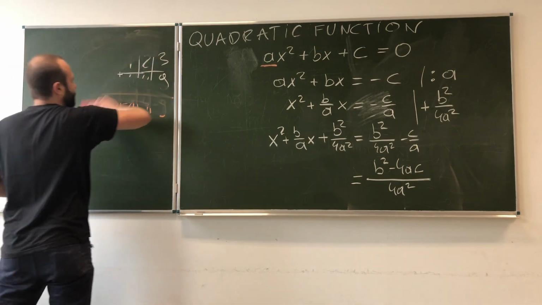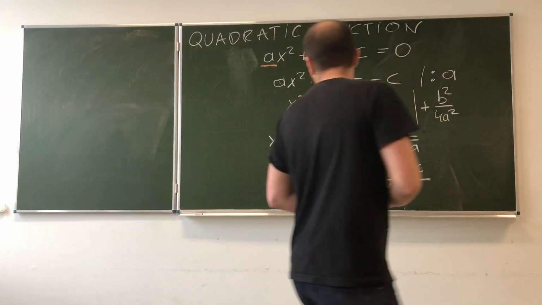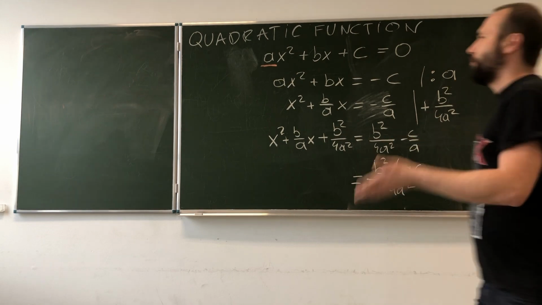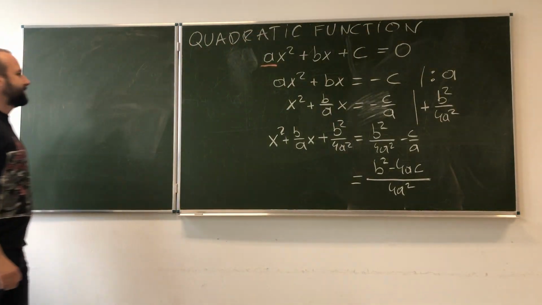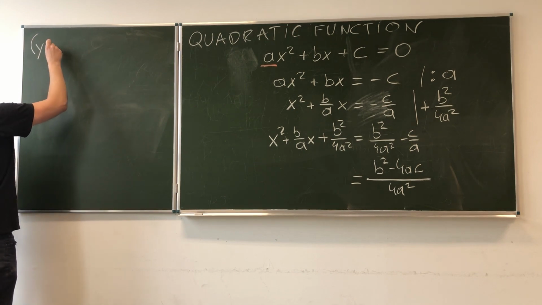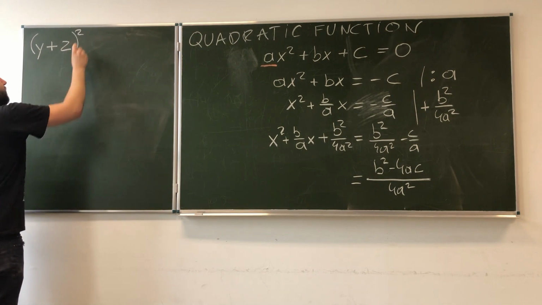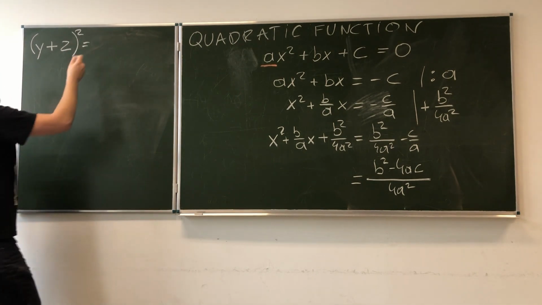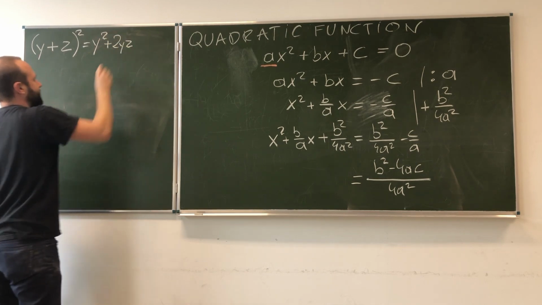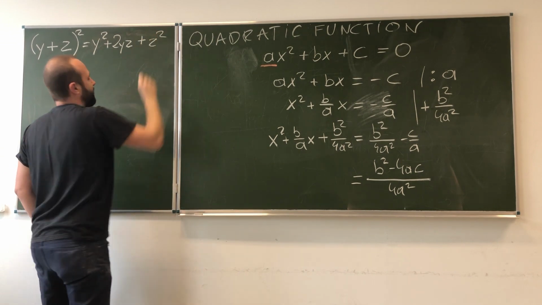Okay, so now that we have this side of the equation in the form that we want, what should we do next? For the next step, we need to remember one formula we haven't discussed, but I assume you've done it in high school many times. How much is (y plus z) squared? Well, we of course remember that this is y squared plus 2yz plus z squared.